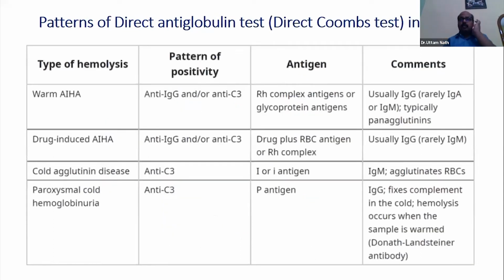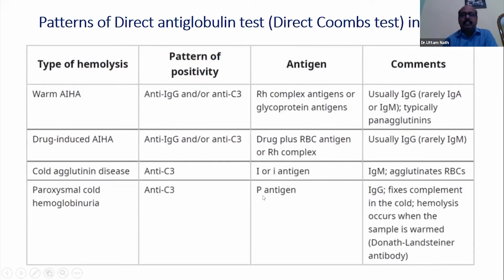Now, what are the patterns of DAT in AIHA? As I have said, in warm AIHA, usually anti-IgG and/or anti-C3d. And in cold antibody AIHA and PCH, it is mainly anti-C3d. And in drug-induced, it's almost the same as warm AIHA. And the antigens vary.